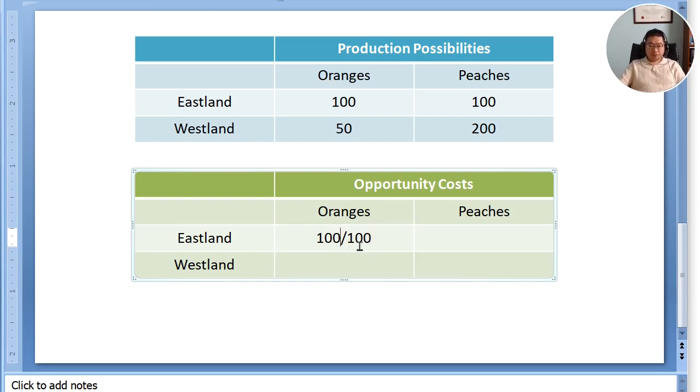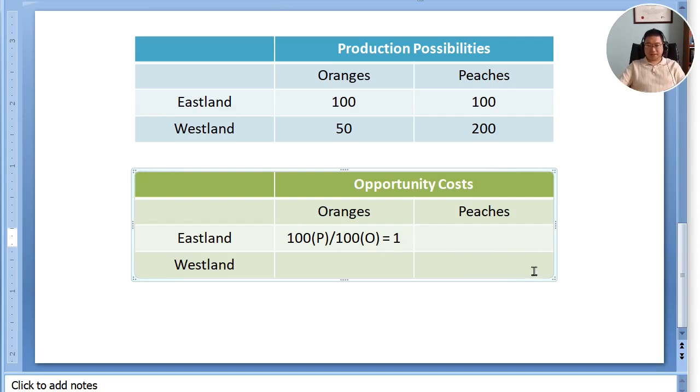This is peaches divided by oranges. It's basically saying for each box of oranges, how many boxes of peaches I have to give up. It's a ratio of 1. Now how about the peaches?